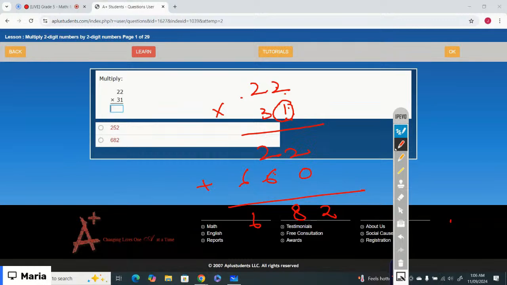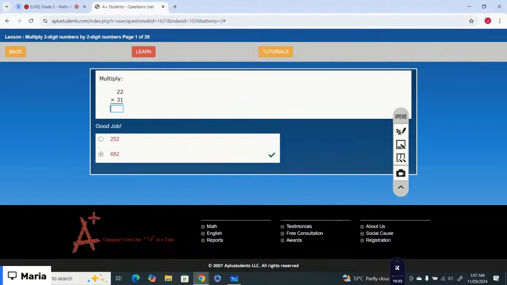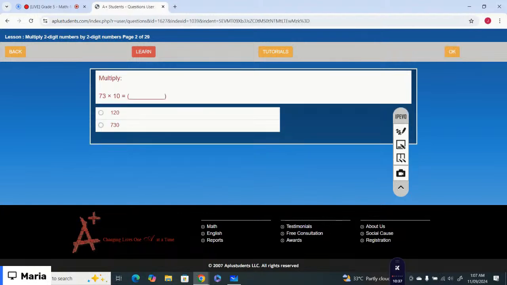That's how you multiply two-digit numbers. So option number 2 is the correct option. The next one is 73 times 10, which is the correct option?